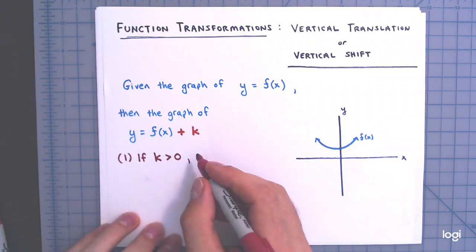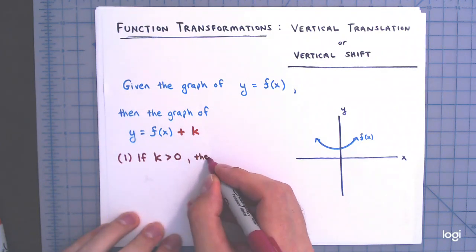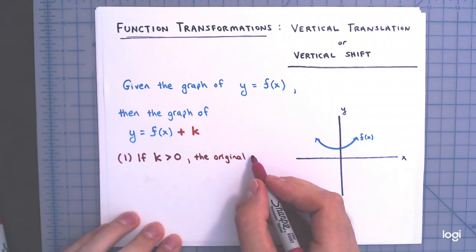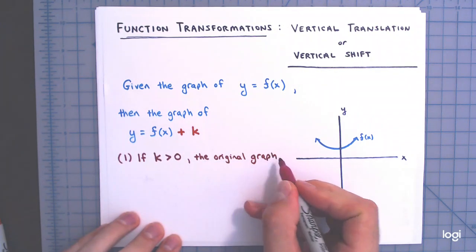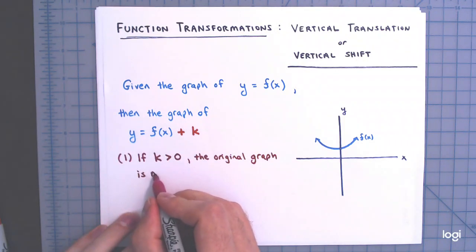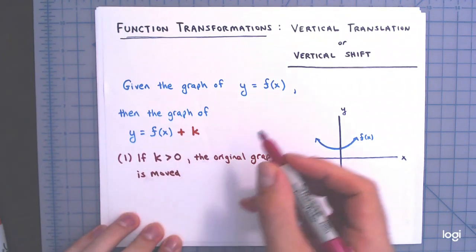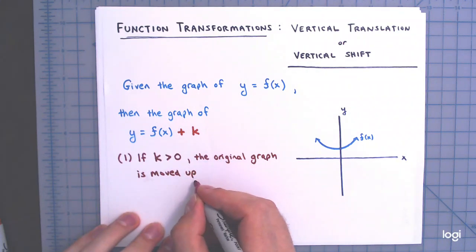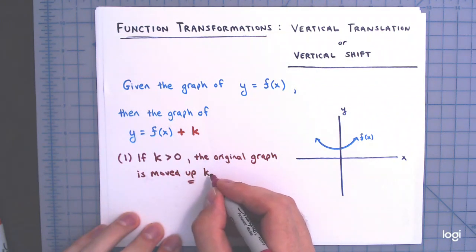So if k is positive, the original graph is moved, or translated or shifted, up k units.